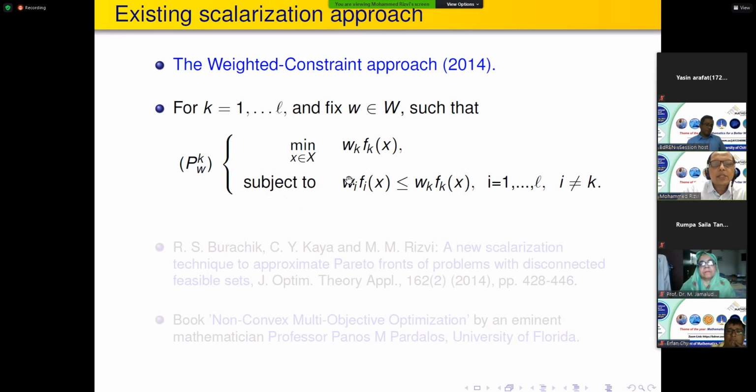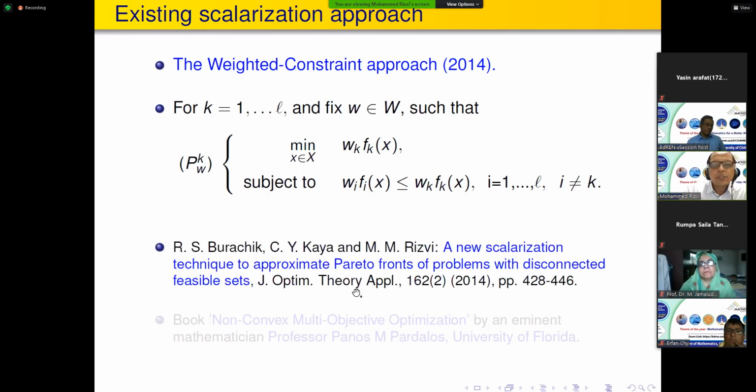This scalarization approach appeared in the Journal of Optimization Theory and Applications.